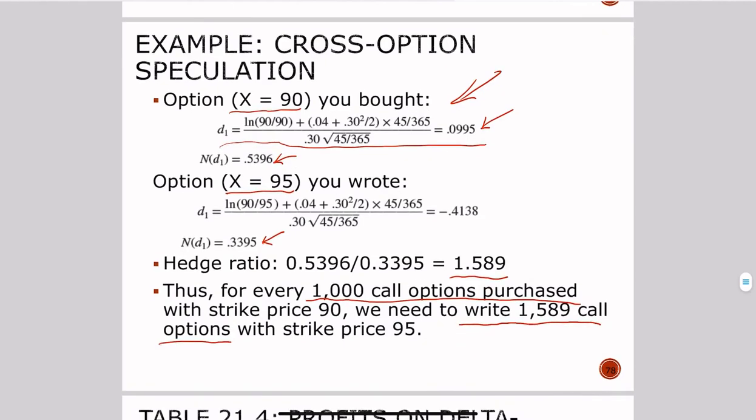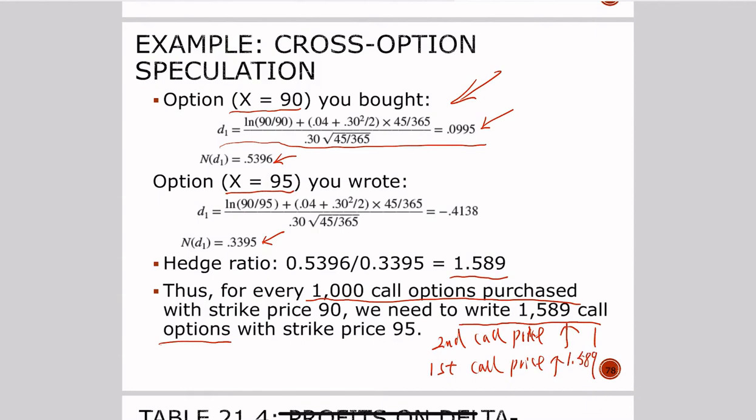Again, you can verify that you're hedged against stock movement. If the second call's price increases by 1, then we know that the first call's price will increase by 1.589.